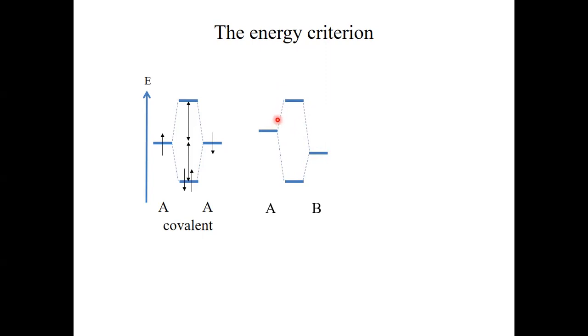In addition to that, this molecular orbital here is located primarily at atom B, while this antibonding molecular orbital here is located primarily at atom A. So now what consequence does that have for the bond?